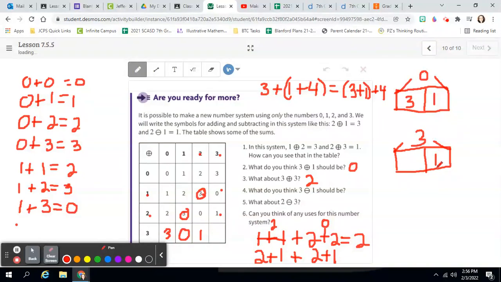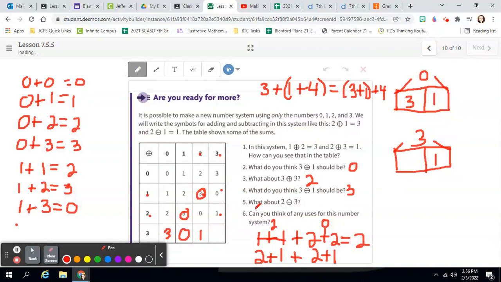So I'm looking for the number I'm adding to 1 to get 3. I come over here, and I notice here's the answer 3. So 1 plus 2 gives me 3.